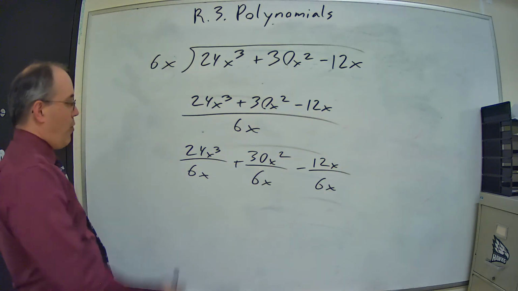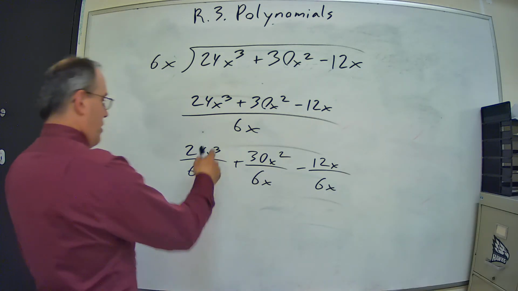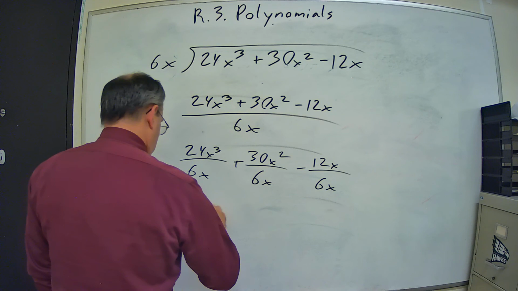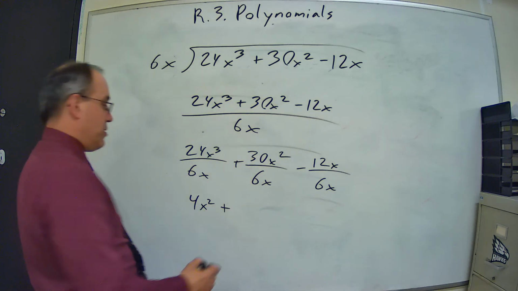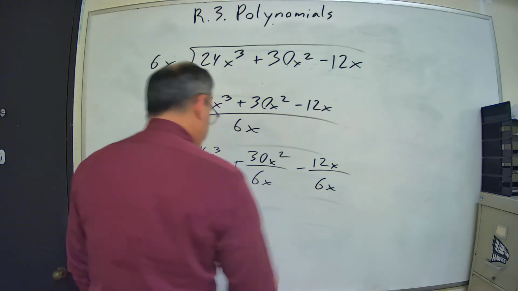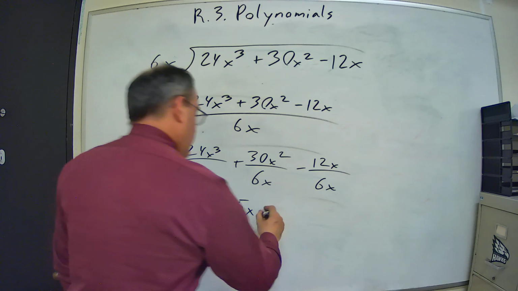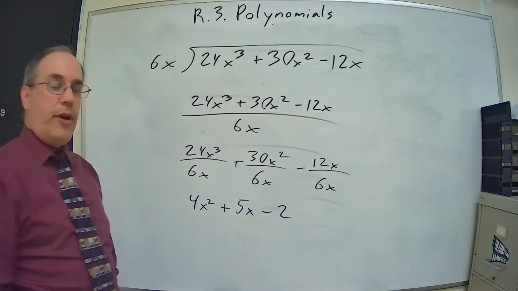And then I go, oh, well, 24 divided by 6 is 4. X cubed divided by x is x squared. 30 divided by 6 is 5. X squared divided by x is x. And 12 divided by 6 is 2. X divided by x is 1.